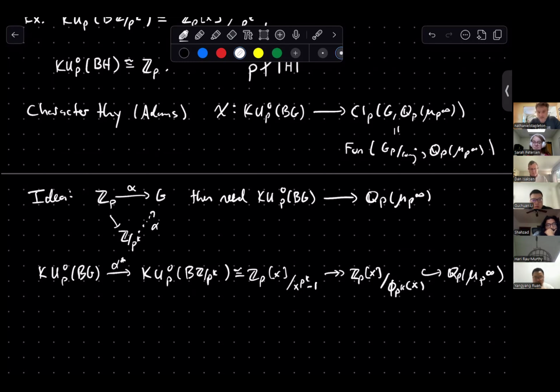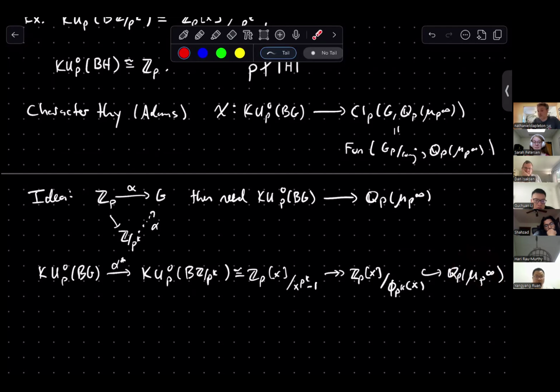Can you explain a little bit about the target Q_p adjoin the root of unity? Is it actually the KU cohomology of the classifying space of the p-adic integers, right?